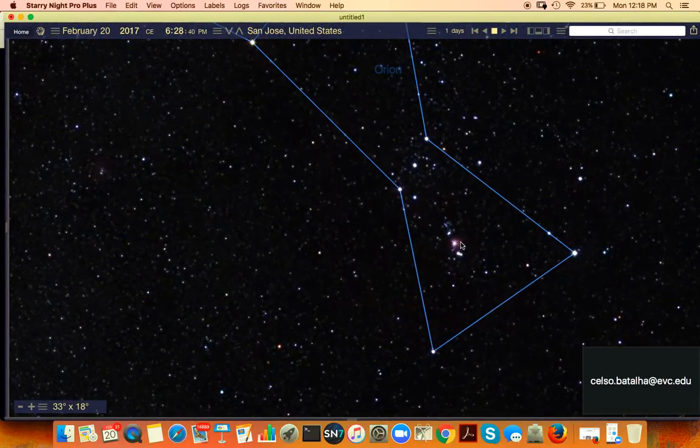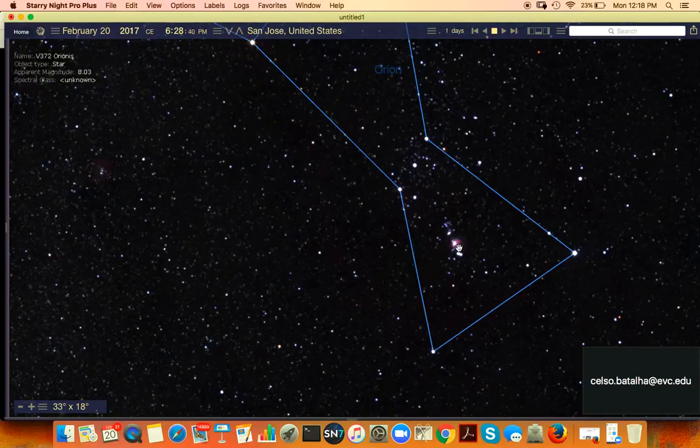So all this glow is in fact recombination light from hydrogen atoms that have been excited by ultraviolet radiation from this O star.